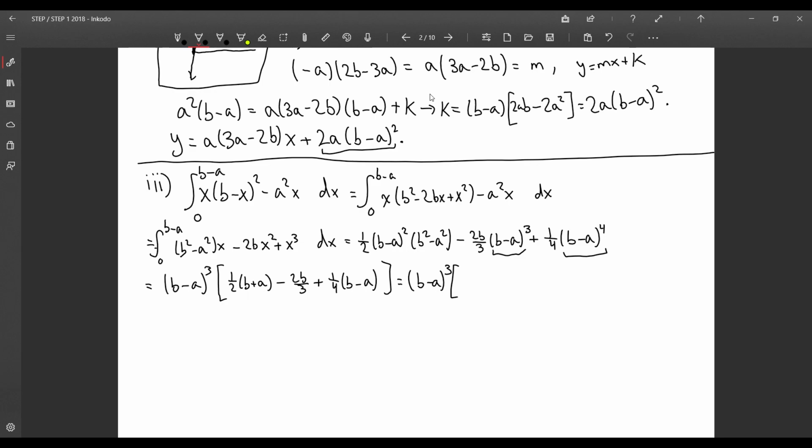So collecting terms of b, we get 1/2 minus 2/3 plus 1/4. So in lowest terms, this is 12ths, so we have 6/12 minus 8/12 plus 3/12. So that's all going to be 1/12. So I'll just write 1/12. And then collecting terms of a, we have 1/2 and a minus 1/4, so that's just going to be 1/2.